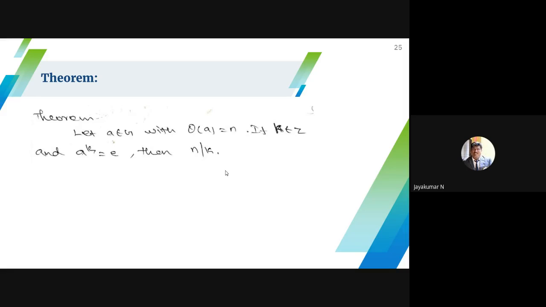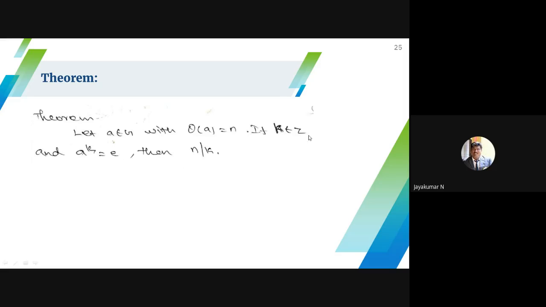Suppose the greatest common divisor. What do you mean by greatest common divisor? Among the common divisors, we choose the greatest number. If some other integer is also a common divisor, then definitely the greatest common divisor is divisible by it.